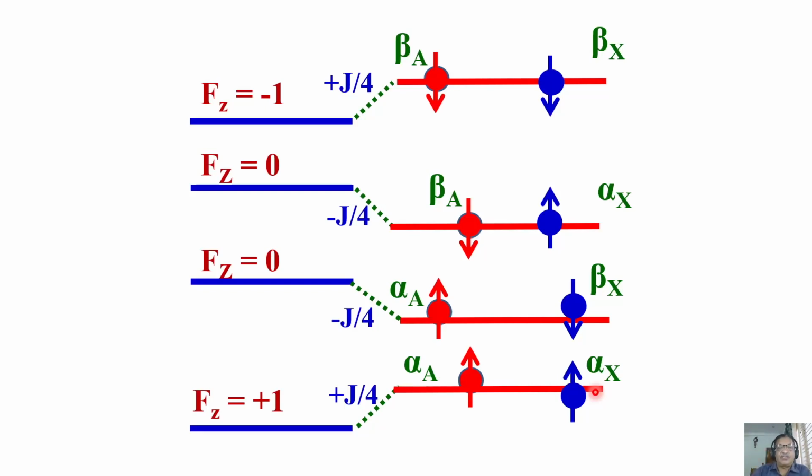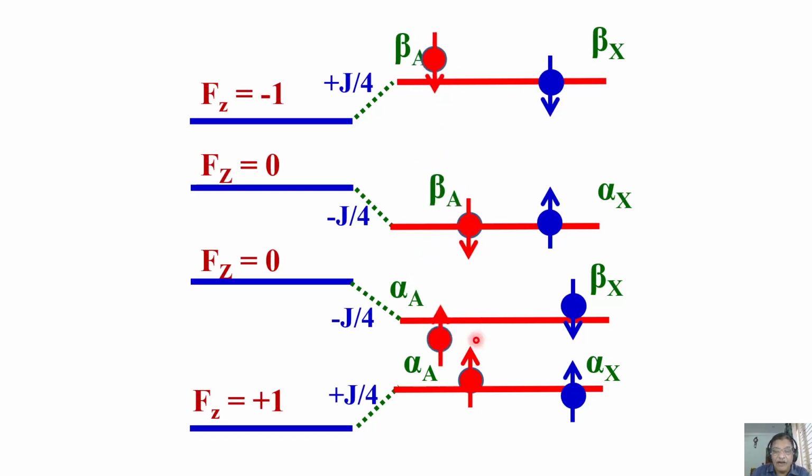Identify which are the 4 transitions. This is -1 to 0. This transition is allowed. Which is the transition? Beta X is getting changed to alpha X. See the difference? Beta X is getting changed to alpha X. So, okay, we'll start with this one.